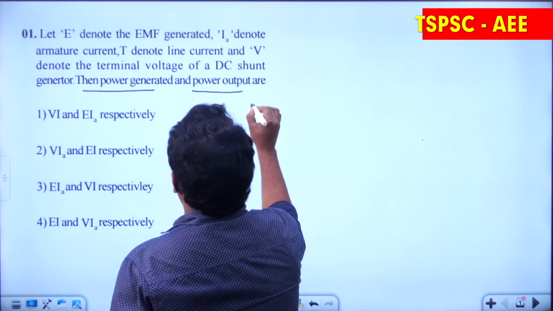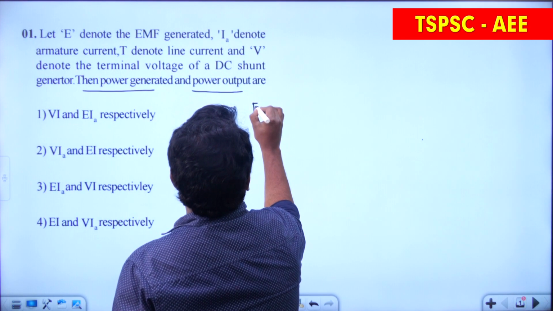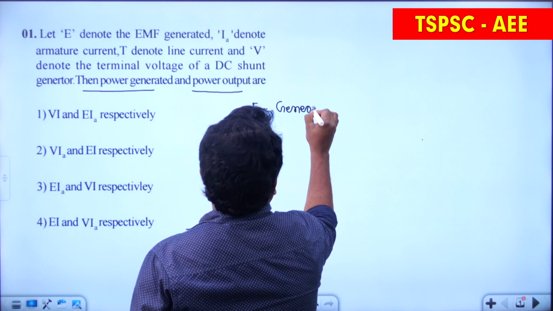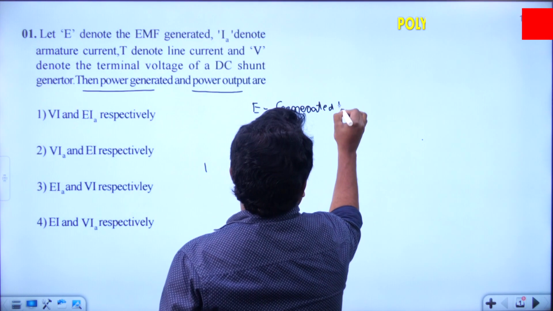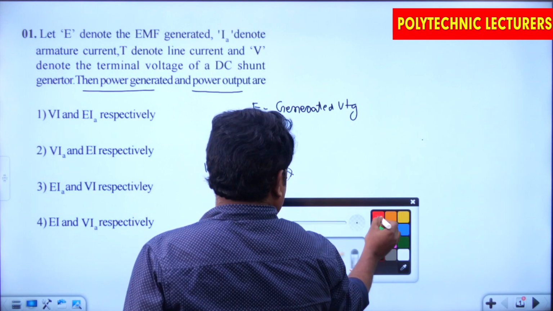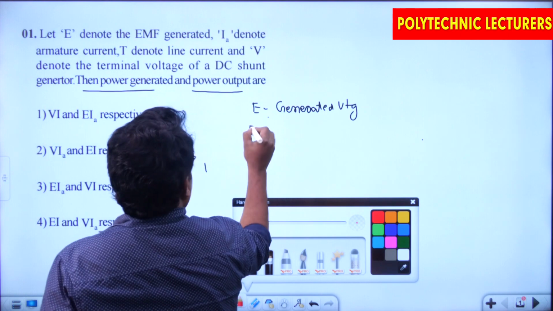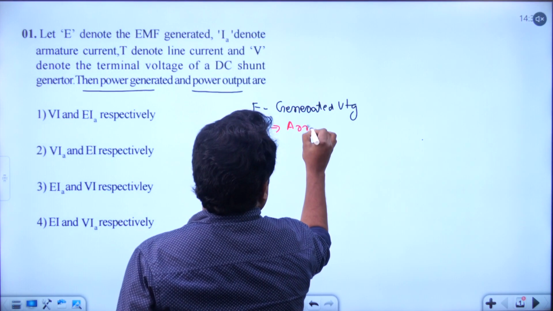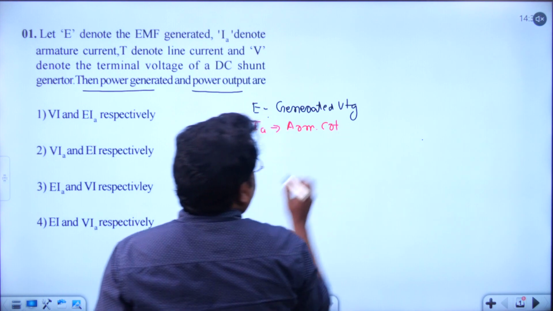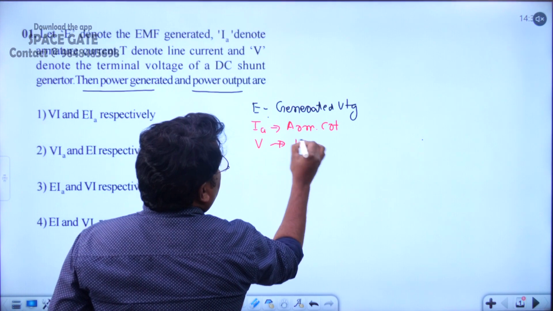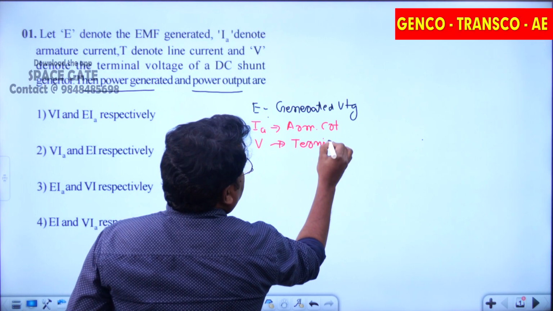Here, let E be the generated voltage of the generator, Ia the armature current of the generator, and V the terminal voltage of the generator.